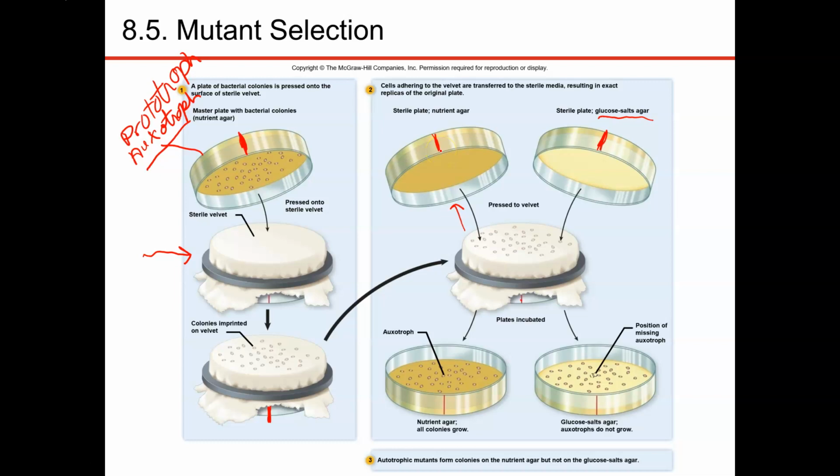Then we grow them in an incubator, and we look for areas in the nutrient agar where we have colonies that we don't have colonies on the glucose salt agar. So in this case right here is an area where there's no growth, but here you see that there's a colony. So that's the colony you would pick up because it's considered an auxotroph. Once you get it, you then can grow it on its own, and now you can run different tests with it.